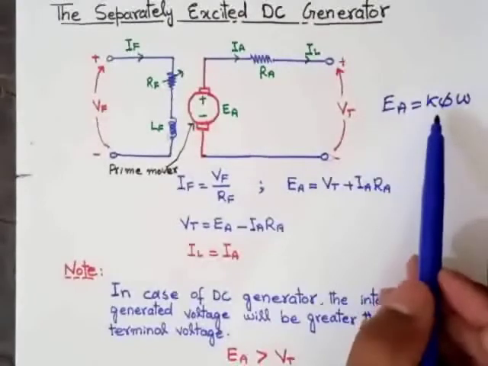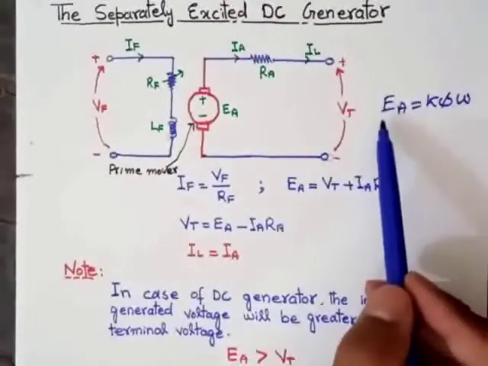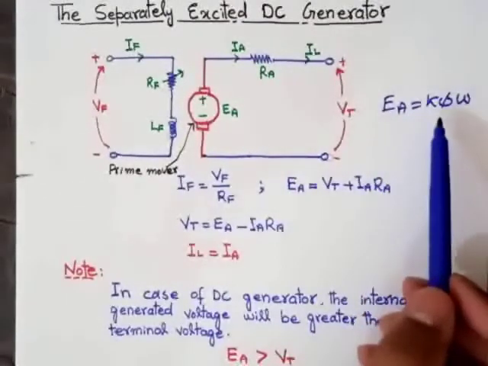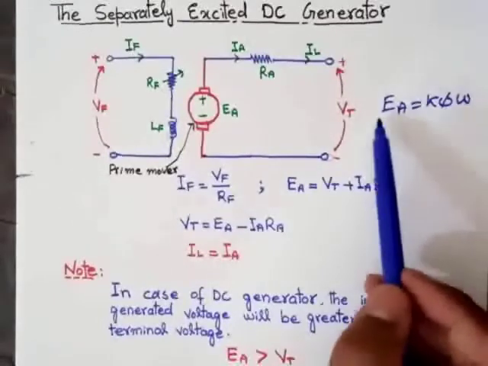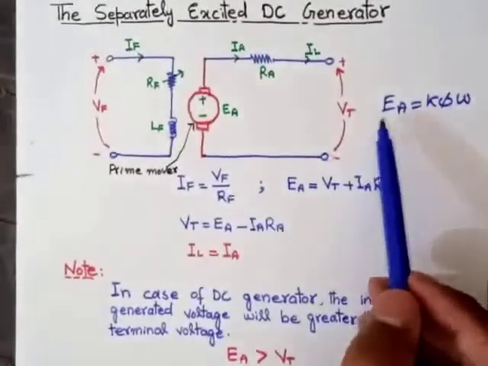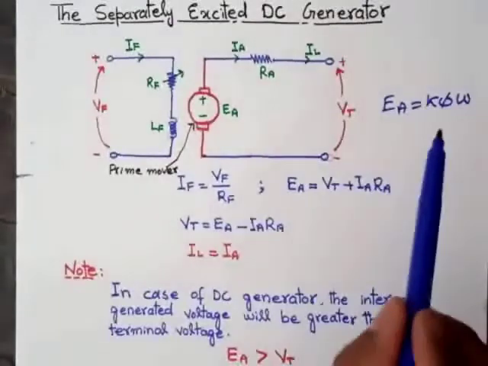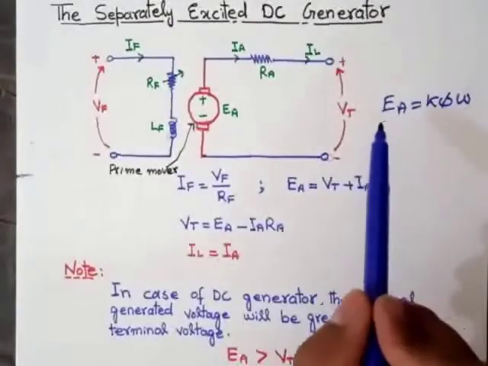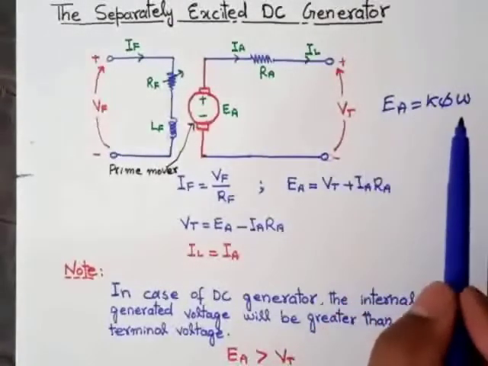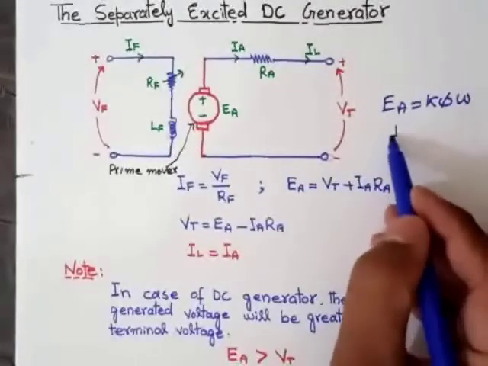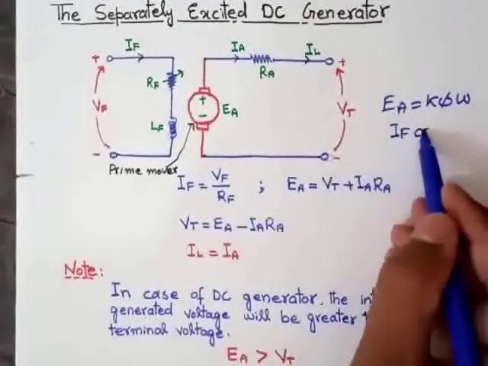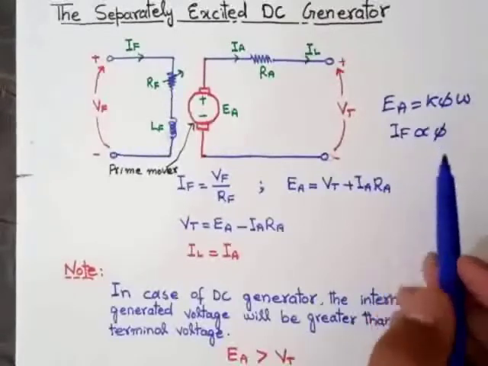If the value of the flux is 0, then the induced voltage will be 0. If the value of flux is more, then the induced voltage will be more as well. It means the relationship between flux and internal generated voltage is directly proportional, and the relationship between the field current and the flux is directly proportional as well.